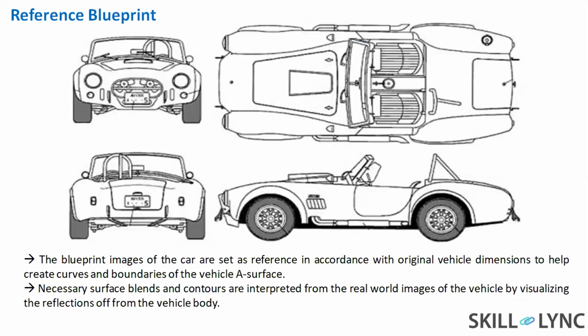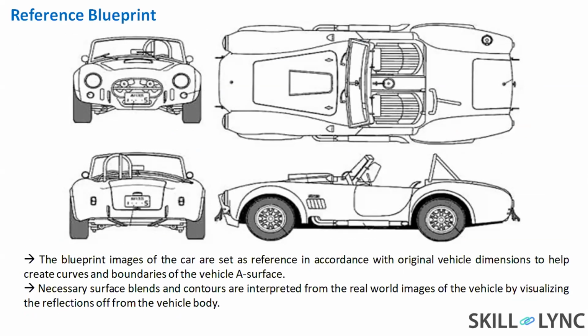So basically, this is the reference blueprint that I found. This is a 1962 model, actually, the first car that was unveiled. So this blueprint actually helped me to have a starting point to create the primary surface of the vehicle, because there were no specific dimensions available for this vehicle, besides the overall track width, wheelbase, height, and width.